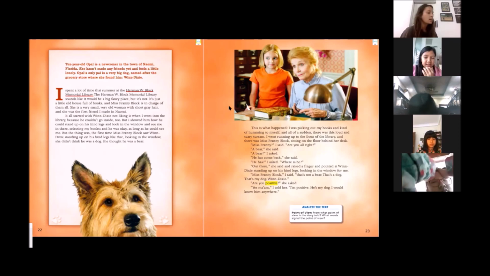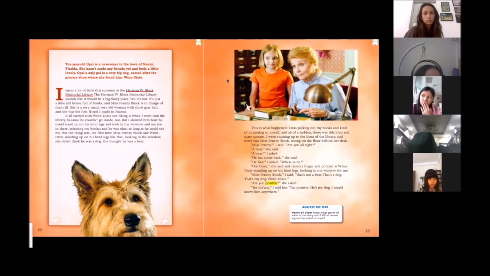So, library is a place we could find in real life. Kang Huyen, where does Opal live? Opal lives in the town of Naomi, Florida. Okay, so I'm not sure about Naomi, but Florida is a real place, right? It's in the United States in the South. All right, so we have our settings, real places so far.